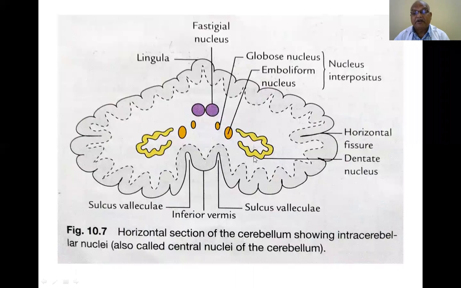This is the dentate nucleus. It has connections with the red nucleus present in the brain, with the thalamus, and with the spinal cord below.